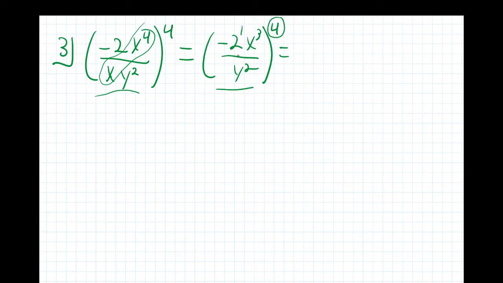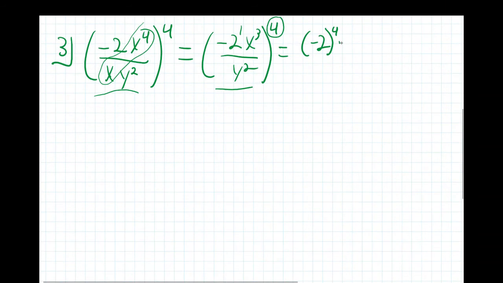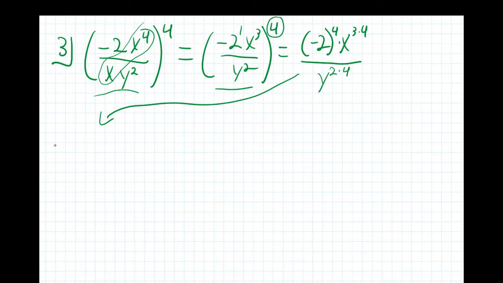So this negative 2 is raised to the first power. So that becomes negative 2 to the fourth power times x to the 3 times 4 power all over y to the 2 times 4 power. So now I am getting, well, negative 2 to the fourth. That is negative 2 times itself 4 times.